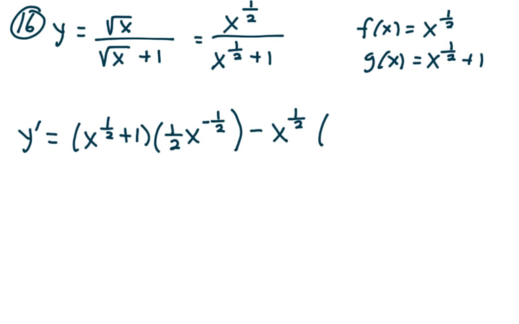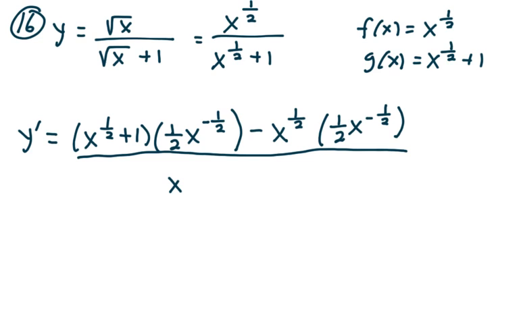And I'm going to take the derivative of the denominator, which is 1/2 x to the negative 1/2. And remember, the derivative of any constant is 0, right? And then I'm going to divide by x to the 1/2 plus 1 to the second.